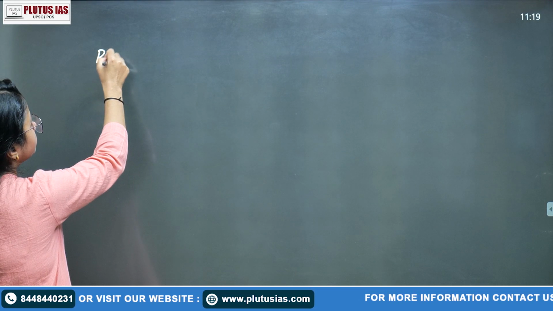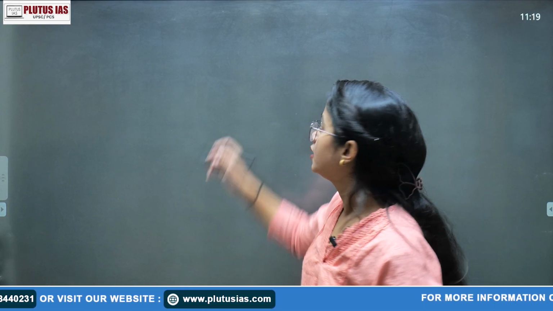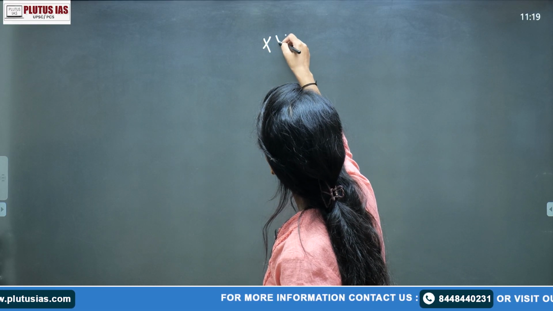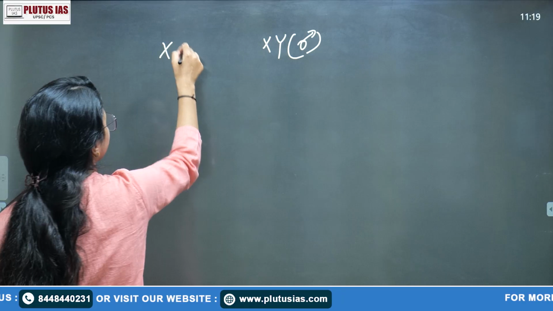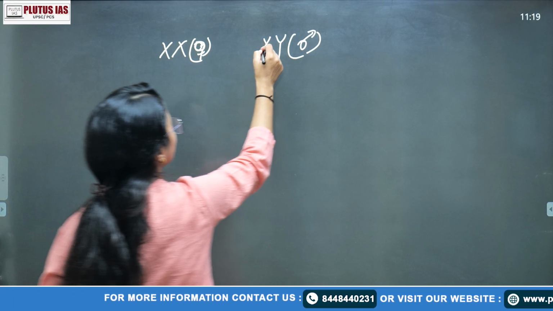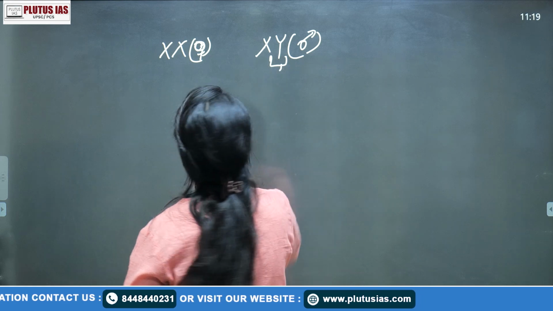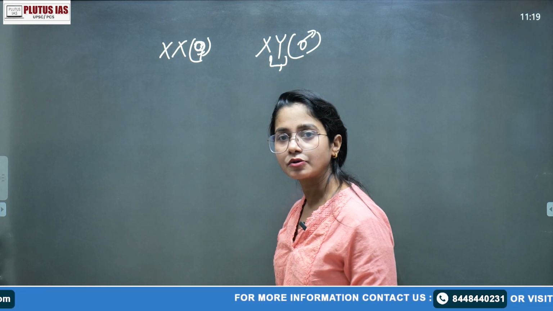Generally we know that in Drosophila, male is XY and female is XX. So we have already talked about how the Y chromosome does not play a major role in sex determination. We talked about it in the last sex chromosomal theory.